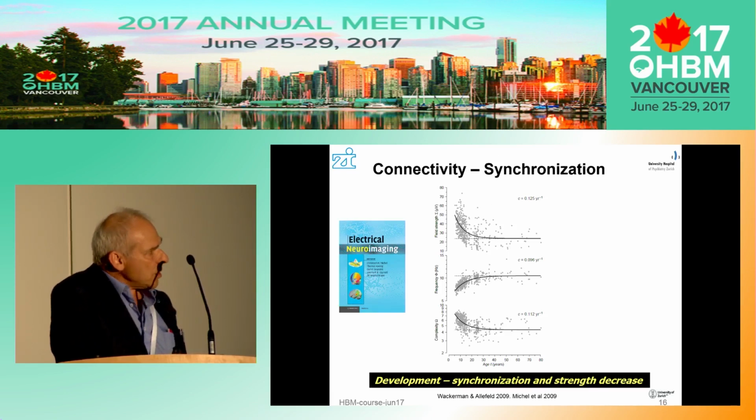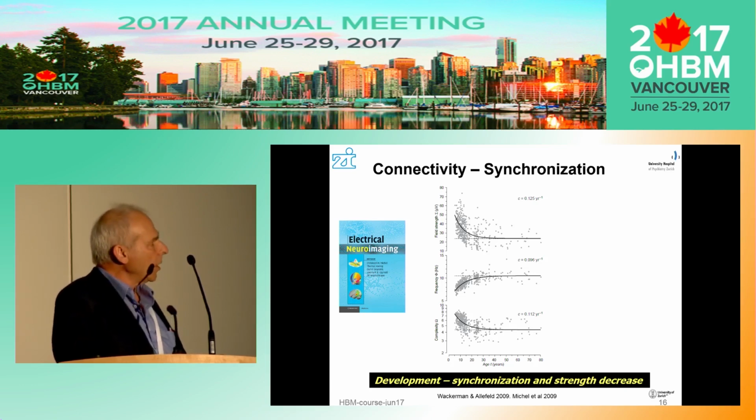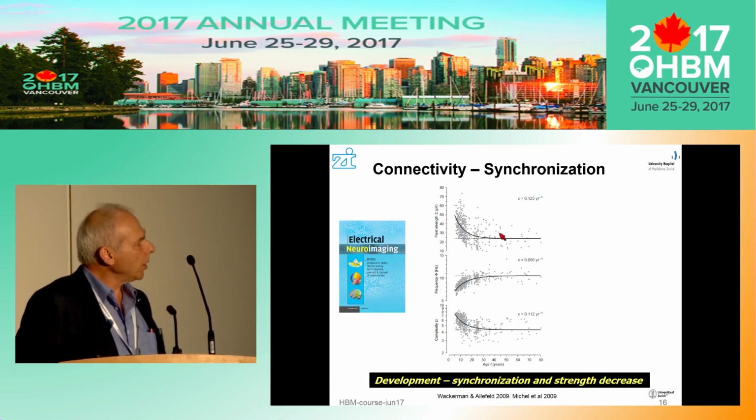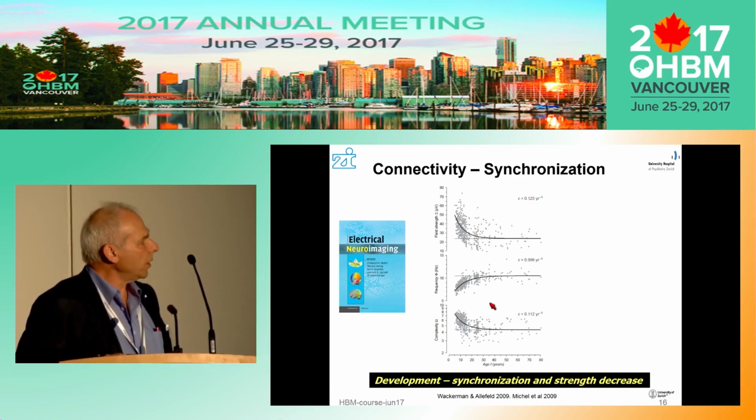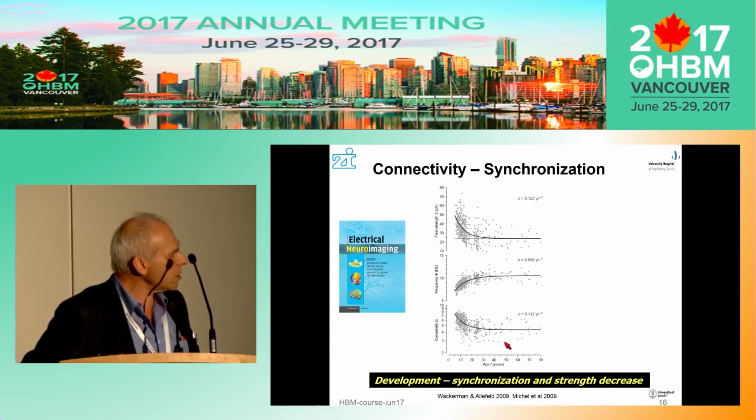Okay, so there are some global measures that Thomas mentioned briefly at the beginning, essentially a measure of global strength or power, and there are measures in the frequency domain. This is not of interest, but this is of interest.